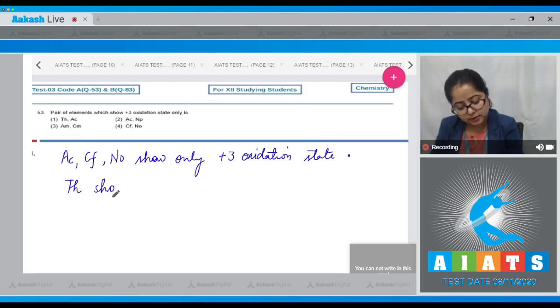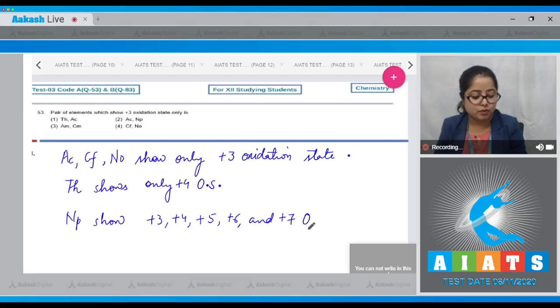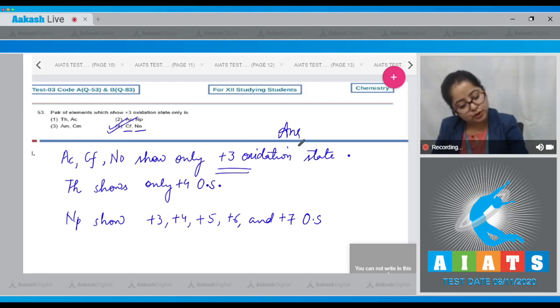Thorium, that is Th, shows only +4 oxidation state, and neptunium shows +3, +4, +5, +6 and +7 oxidation states. That means the pair of elements which shows only +3 oxidation state is californium and nobelium. So the correct answer is option number 4.